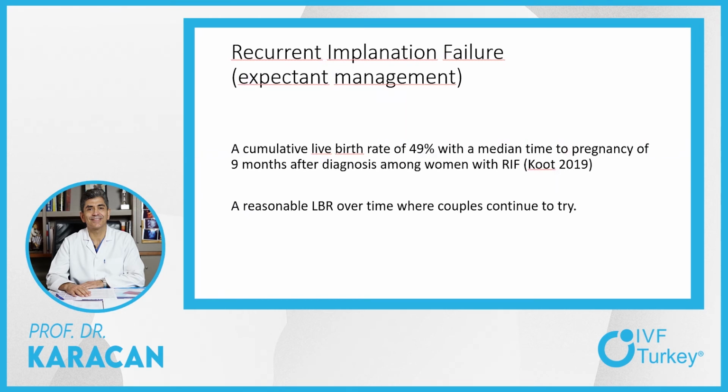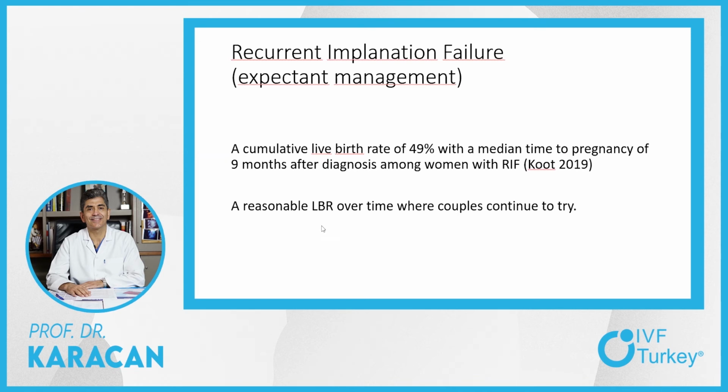The first group, I'd like to again address pregnancy in women with recurrent implantation failure. A cumulative live birth rate of almost 50%, with a median time to pregnancy of 9 months after diagnosis, is seen among women with RIF.